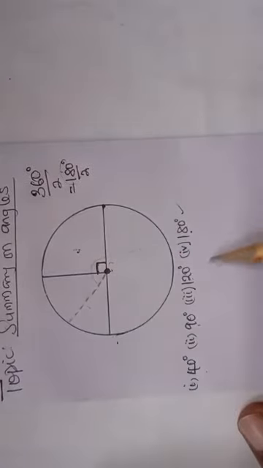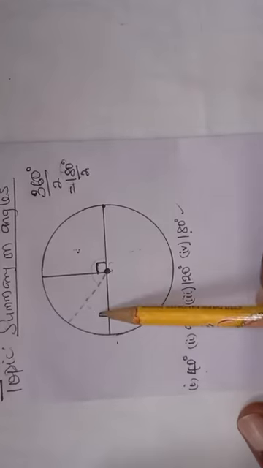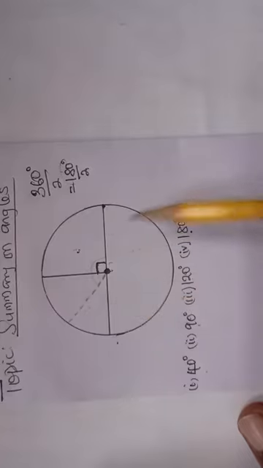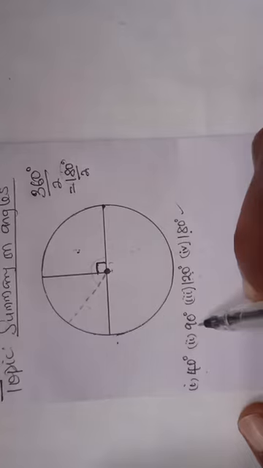Now, since it is less than 180, because I see some part left, it is called an obtuse angle. An obtuse angle is the angle that is above 90 degrees, but less than 180 degrees. This is an obtuse angle.